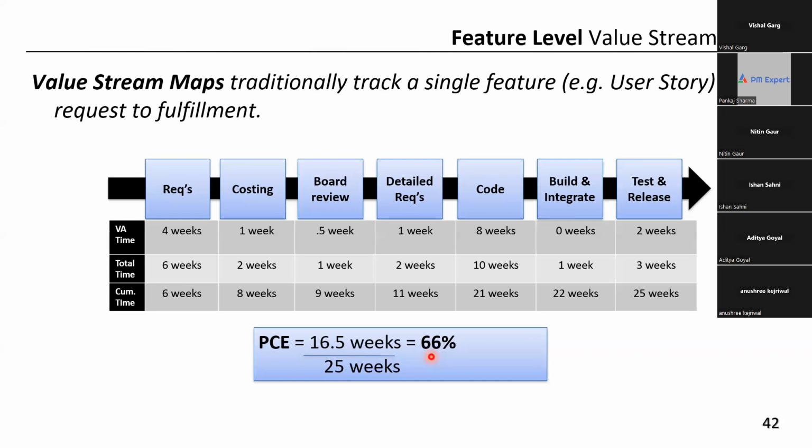And our goal is to minimize the non-value added steps. If you minimize the non-value added steps, the process cycle efficiency will increase. And the formula of process cycle efficiency, as I discussed before, is value added time by total time. Is that okay?